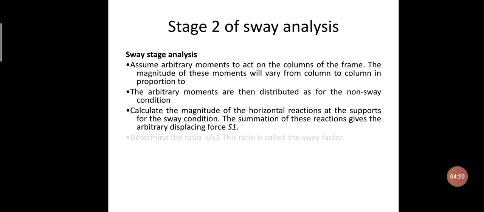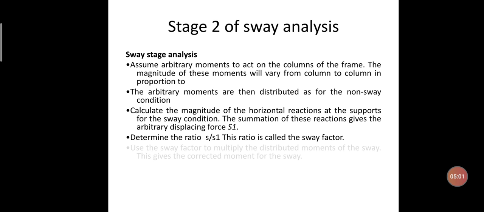Then the next step is to determine the ratio of S by S dash, where S is the existing difference in the horizontal reactions, the force responsible for preventing the sway, obtained from the non-sway analysis stage, and S dash is the summation of the horizontal reactions responsible for the displacement. The ratio of S by S dash will give rise to a factor which is called the sway factor.